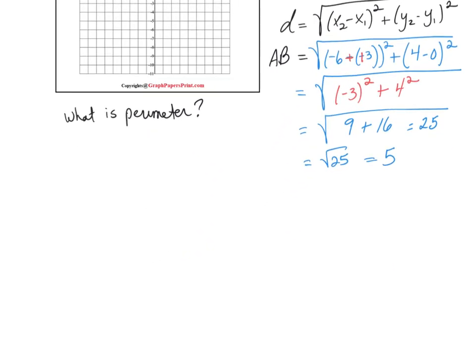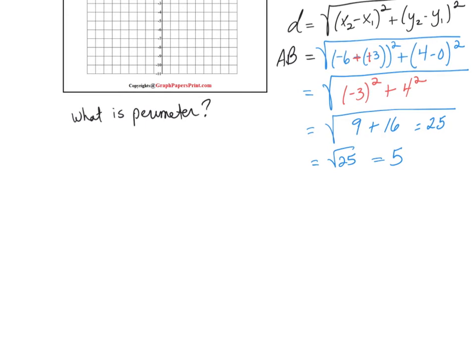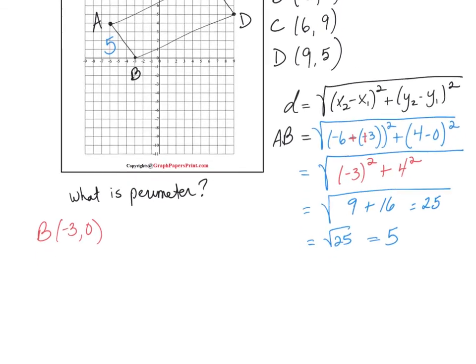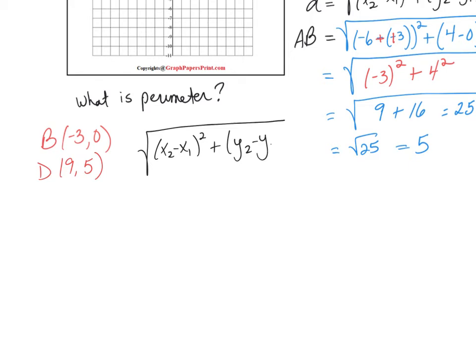Just move this up so I have some more space. So -3, 0 is B, and D is 9, 5. Remember, we're taking the difference of my x values squared plus the difference of my y values squared.